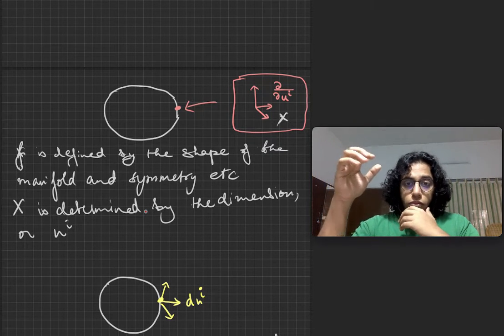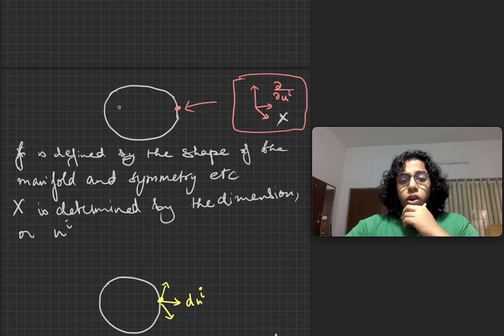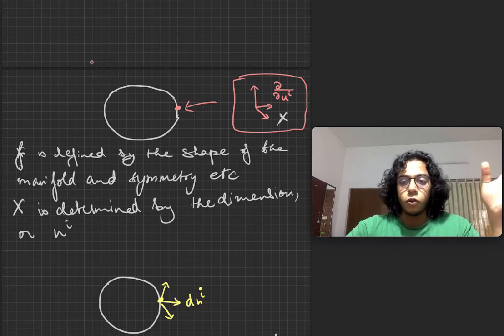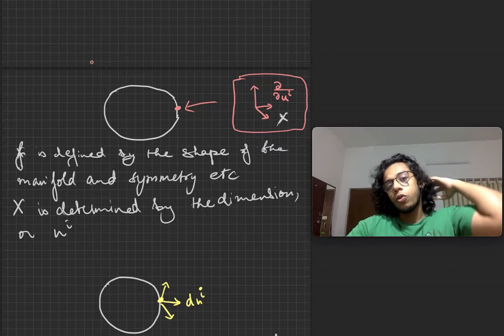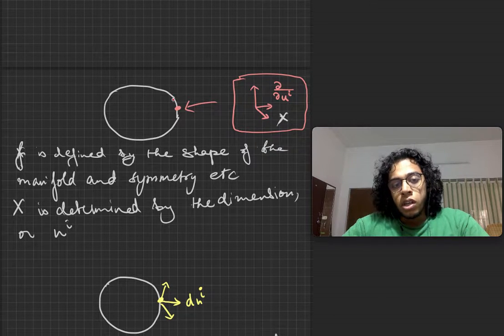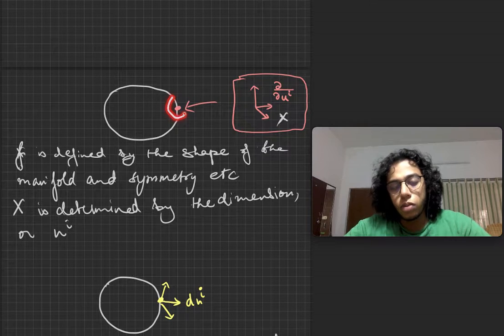So now you have a manifold M. These white circles are just manifolds. You have a manifold M and there is a point P, and there is some sort of a local neighborhood around P.